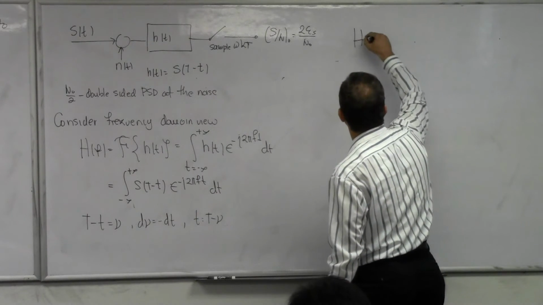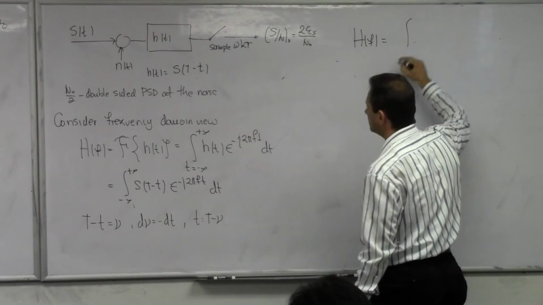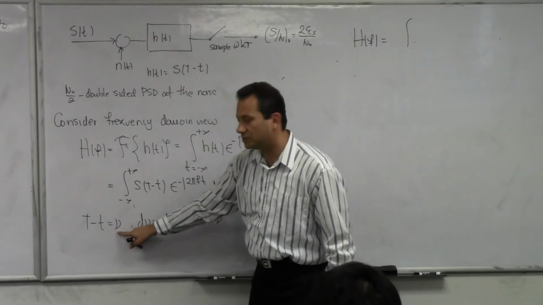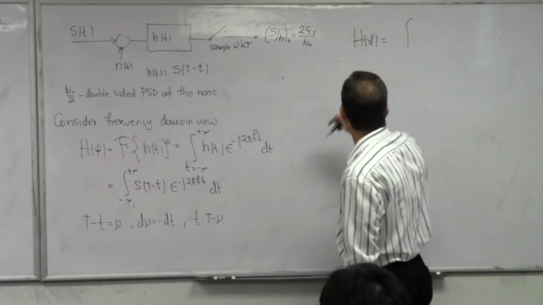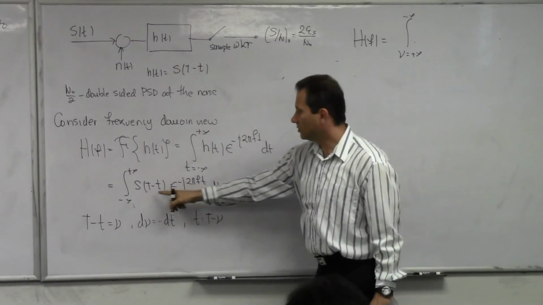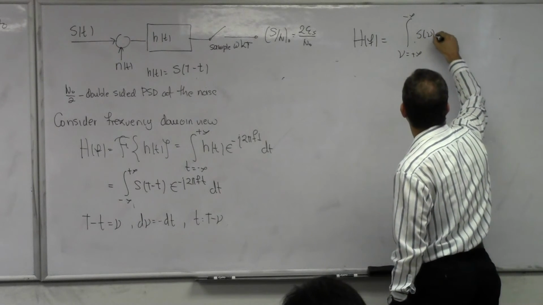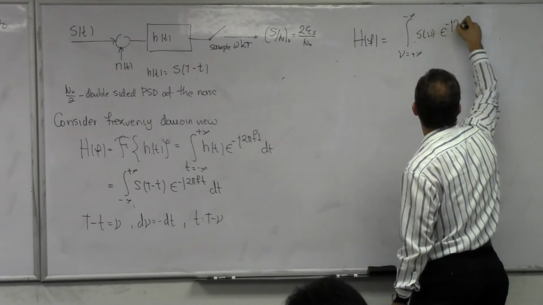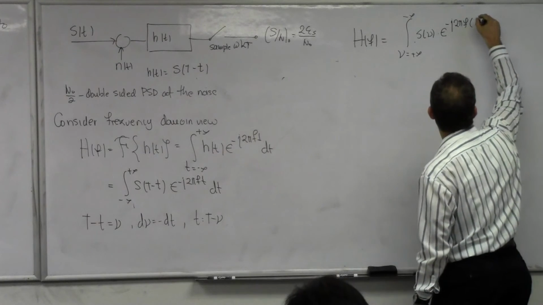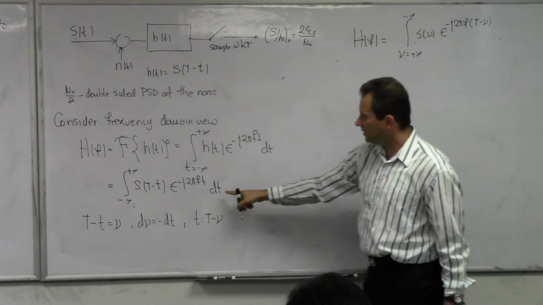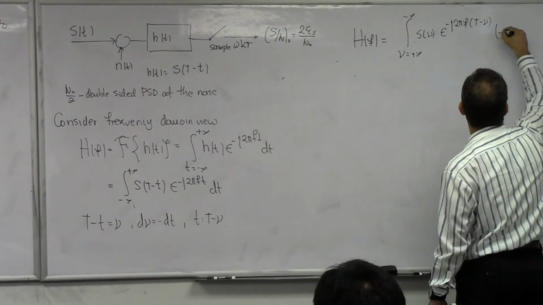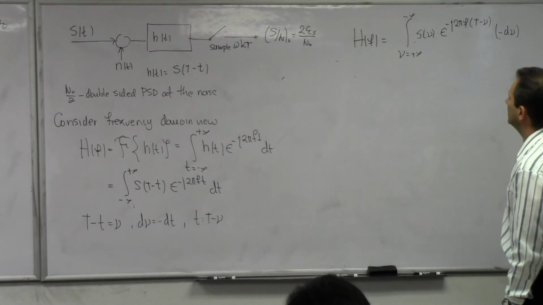So when I substitute this, H of f becomes, when t goes from minus infinity, where is nu? If this is at minus infinity, where is nu? Plus infinity, right? So nu goes from plus infinity to minus infinity. S of nu, e to the minus j 2 pi f, and instead of t, I can put T minus nu, and then this dt is minus d nu, right?